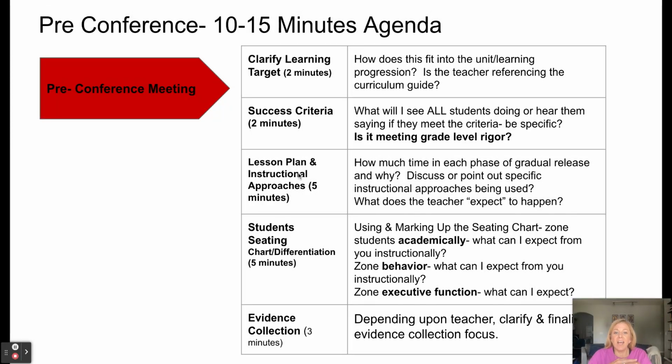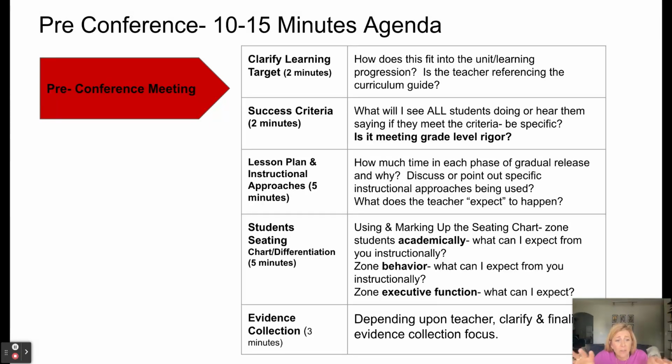We're going to spend 5 minutes on the lesson plan and the instructional approaches that were selected, because I want to start thinking about the teacher's planning process. Why are they deciding to use certain strategies, and what do they expect is going to be the impact? We're going to spend 5 minutes with this seating chart. And you're going to see that over time, I started actually using a highlighter.